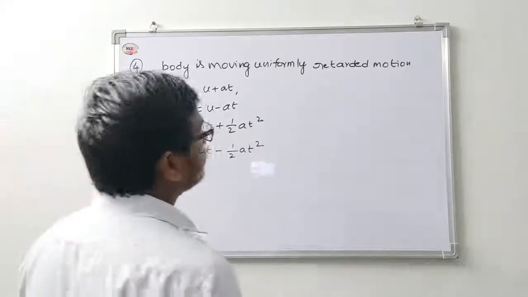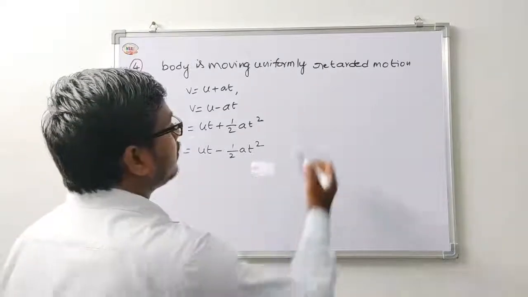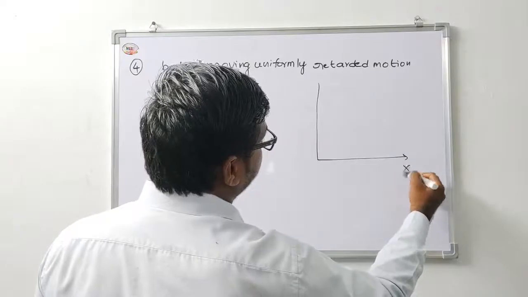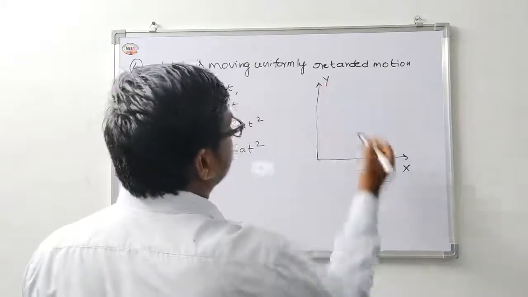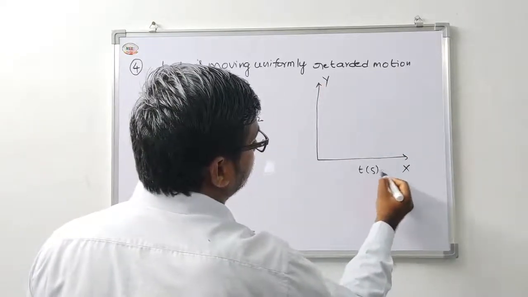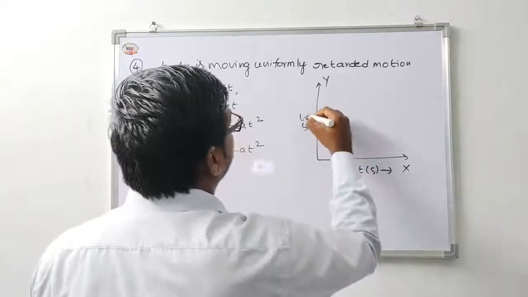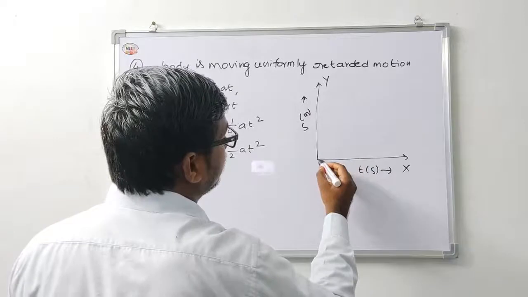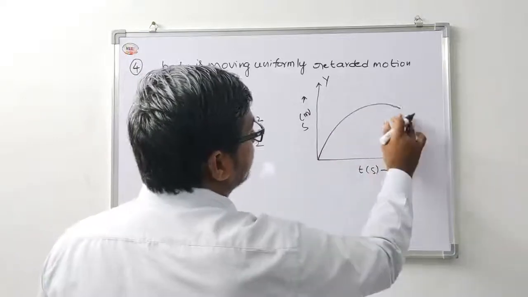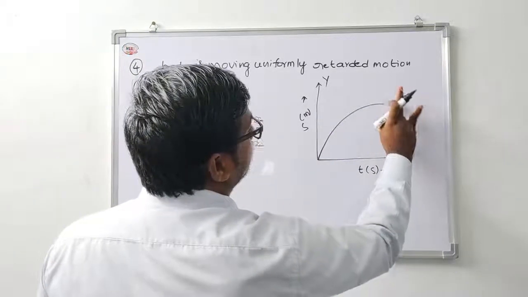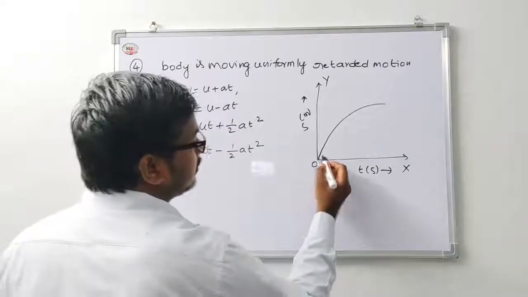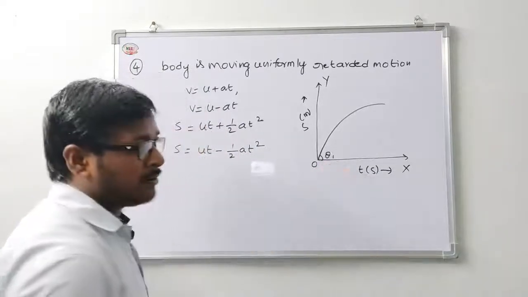So taking the position time graph, the body is moving in this way. This is the origin O. Take an angle theta 1.